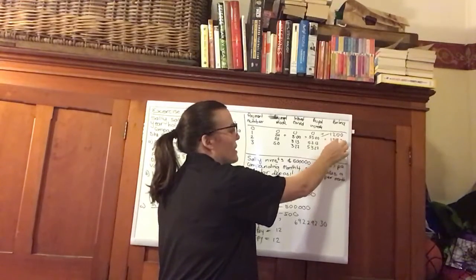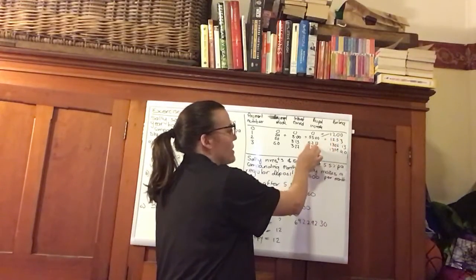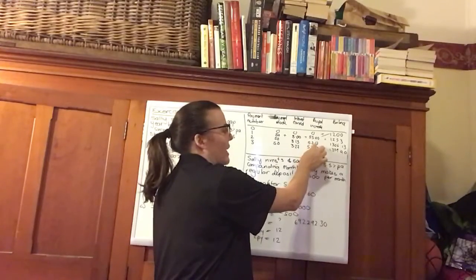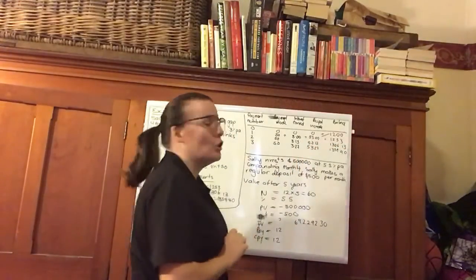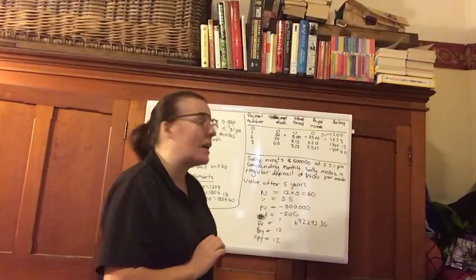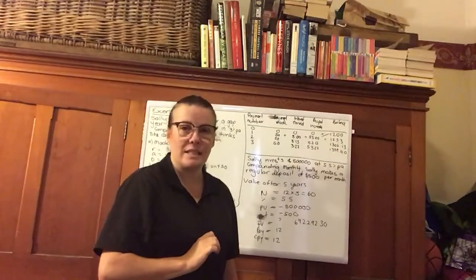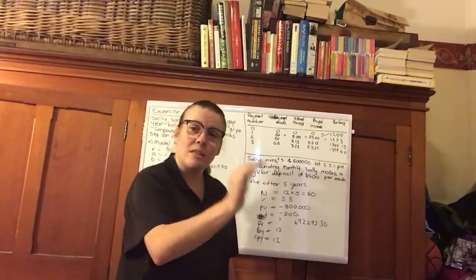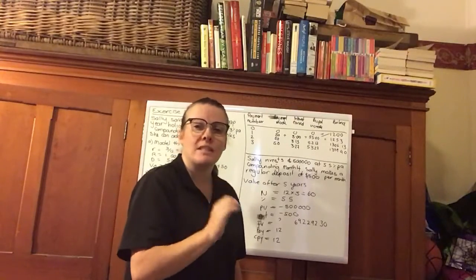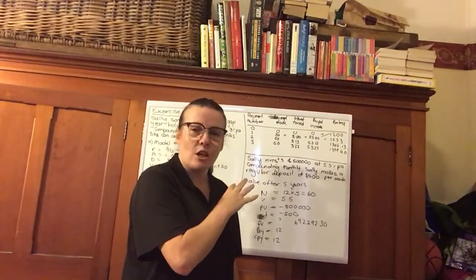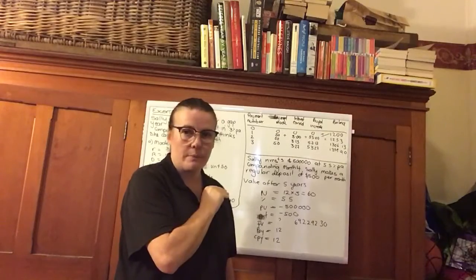So 1,253 plus $53.13 gives me a new balance of $1,306.13. So you can see the way in which we complete an amortization table for this type of question.